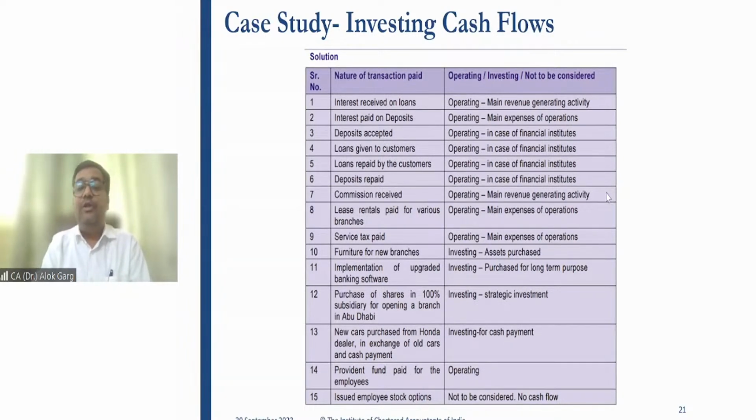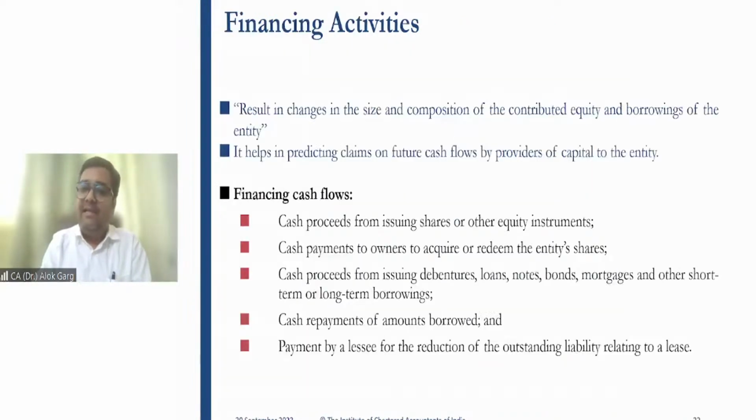You are right. You need to understand what is the ordinary activity of that business, why that business is there, what is the intent of that business. It is very important. Financing activity, again, simple. Financing activity is something which is related with the equity and borrowing of the entity.